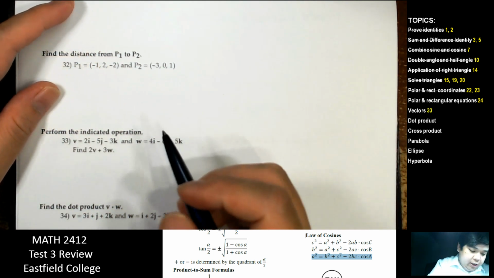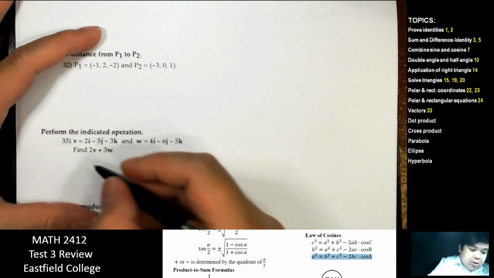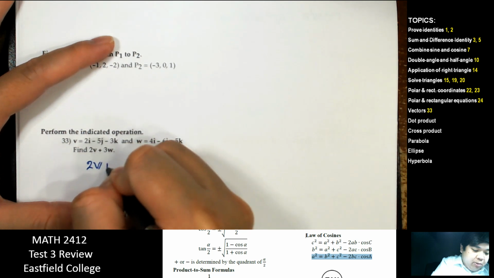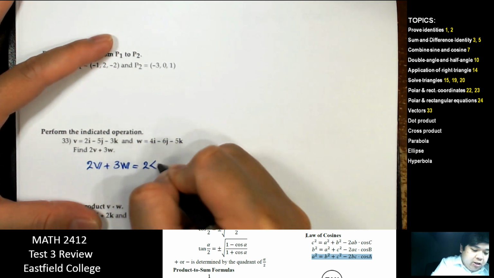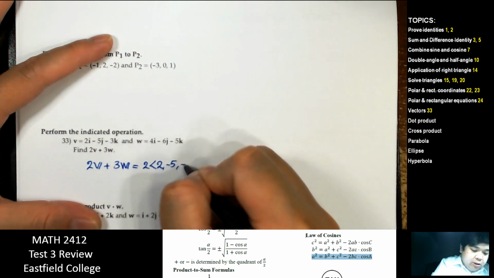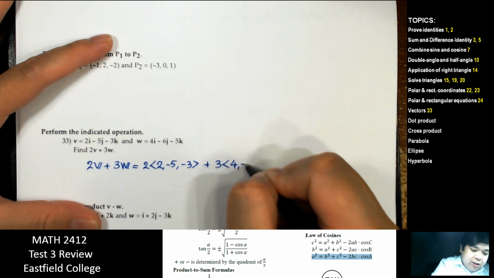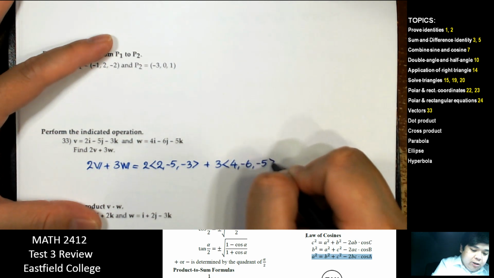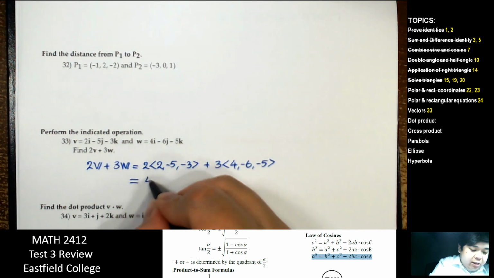2v plus 3w. So 2 times vector v plus 3 times vector w, and we just multiply it inside first.